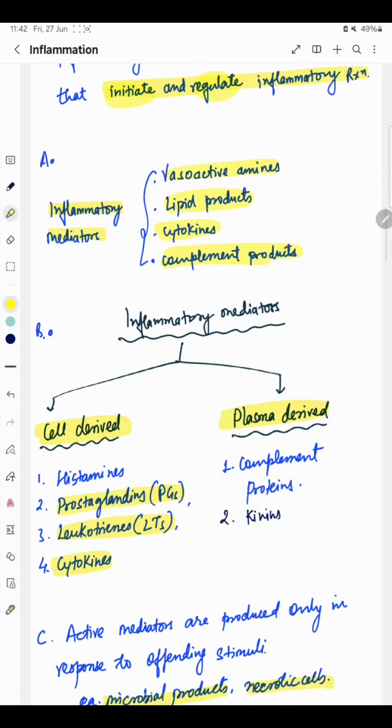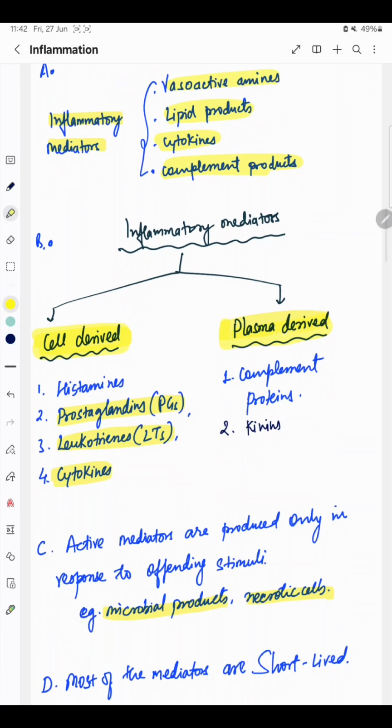Inflammatory mediators are mainly of two types: cell derived or plasma derived. In cell derived we have histamine, prostaglandins, leukotrienes, cytokines, and in plasma derived we have complement proteins and kinins.